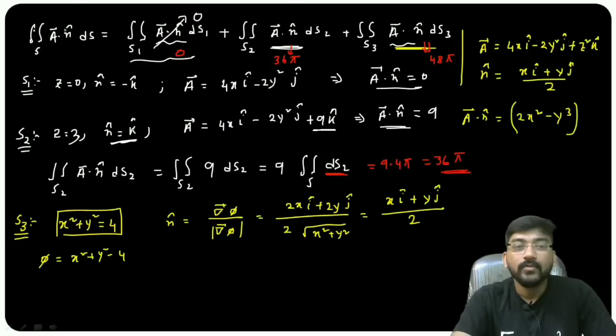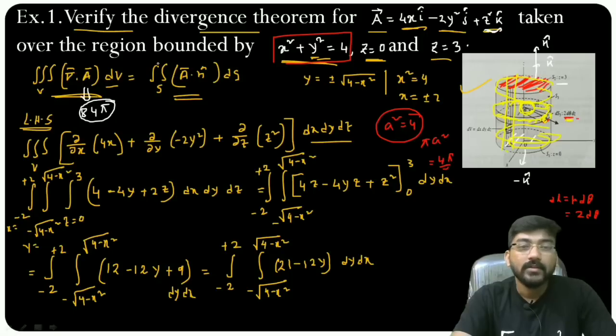Now what will be the total surface integration of A dot n cap dS? If you add this, it will be 36π plus 48π, which is 84π. And if you remember the result of the volume integration, that is also 84π, and the result of this is also 84π.